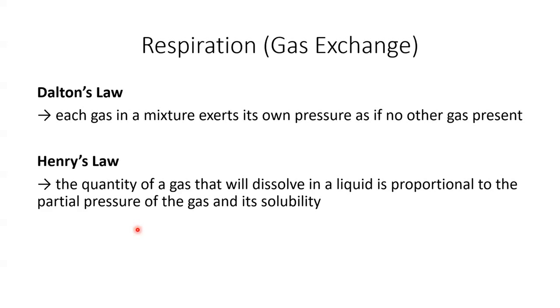Similarly, even though we breathe in lots of nitrogen in that atmospheric air, this gas has no obvious effect on our body because at sea level, very little of it dissolves into the blood plasma because nitrogen has very low solubility. So how much that gas dissolves into the blood depends on the partial pressure and its solubility.